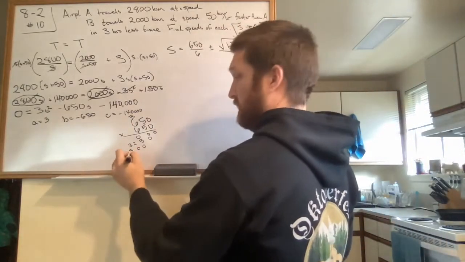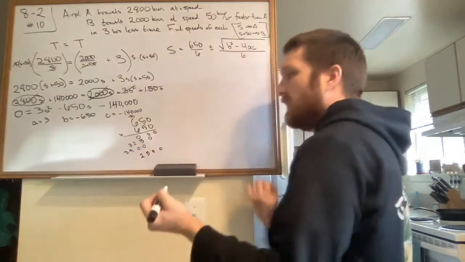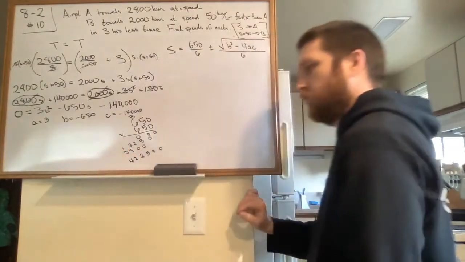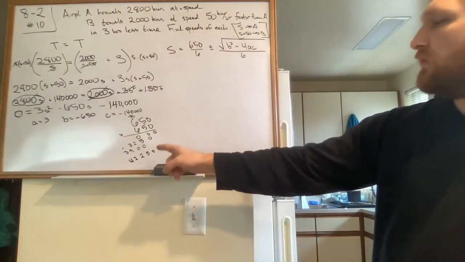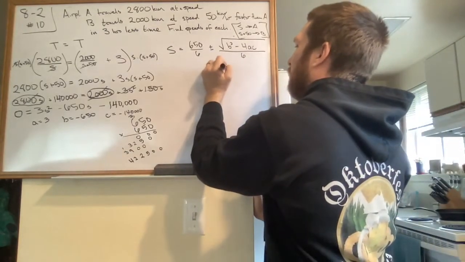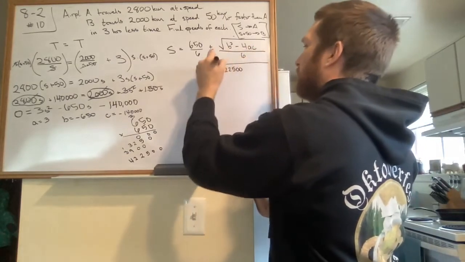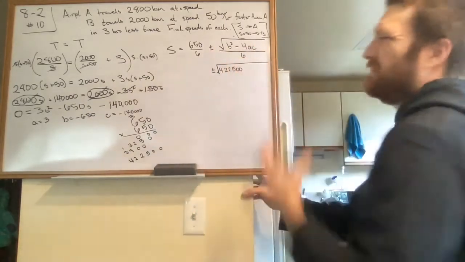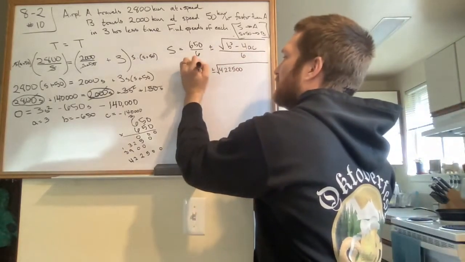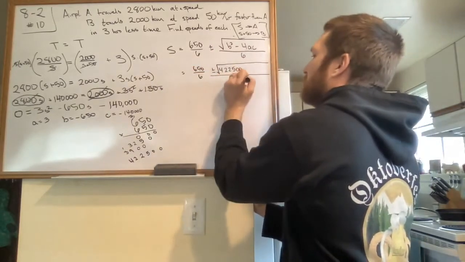Oh, this is going to be really ugly. 9, 10, 11, 12. Ooh, 422,500. All right, that first part, 650 over 6. We'll just leave it like that.